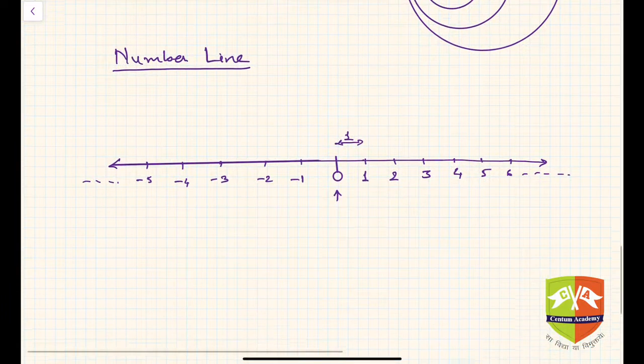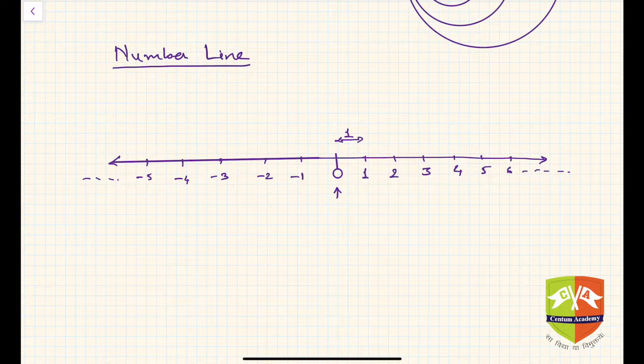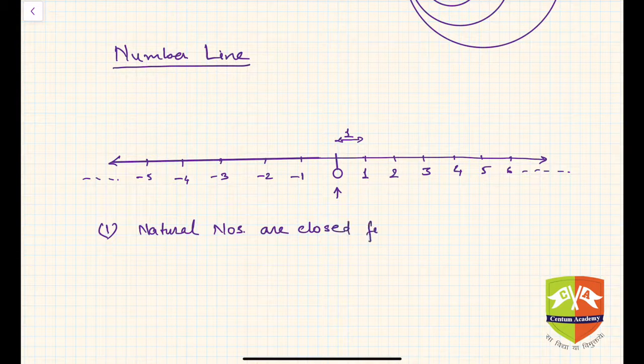Now, what is the learning so far? We learned these points. First, natural numbers are closed for addition. We know that two natural numbers added will fetch you another natural number.